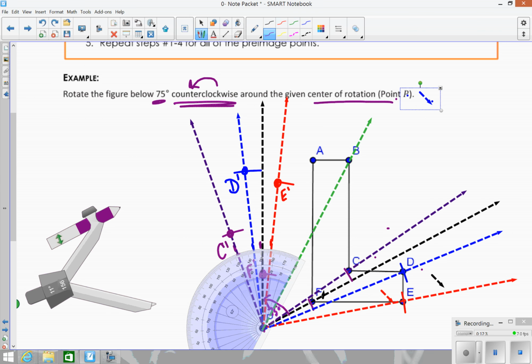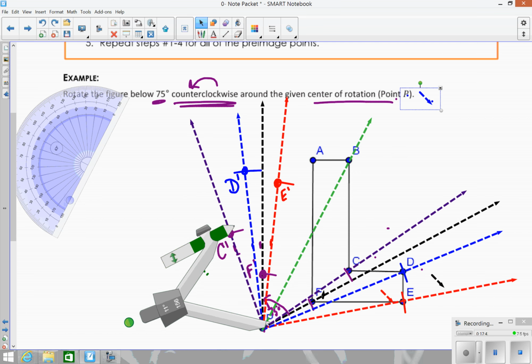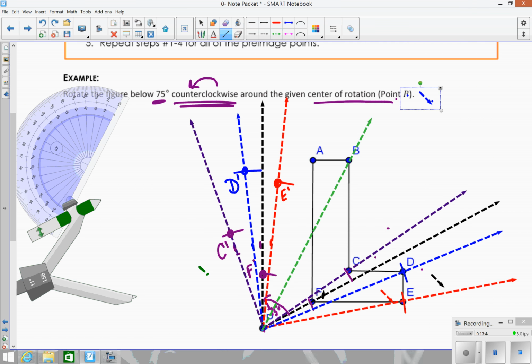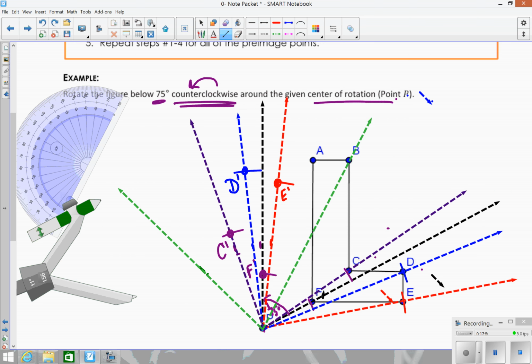Get 75 degrees marked. Move that out of the way. And now we can draw the ray in. So there's my 75-degree angle.